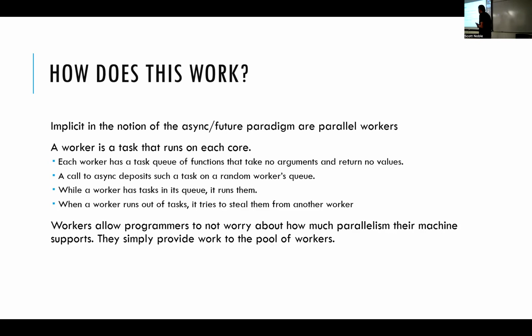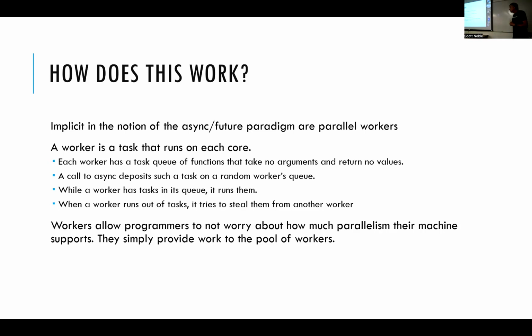Any call to async deposits a task of this form into one of those worker queues. As long as a worker has tasks in its queue, it runs them. But what does it do when it runs out? When it does that, it tries to steal work from other workers on the same machine.